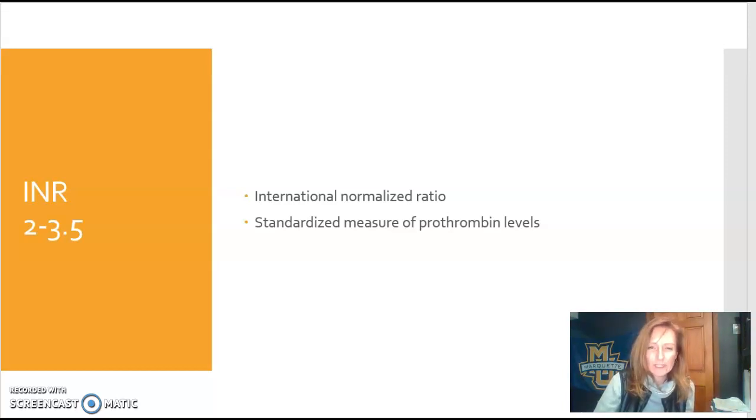And what are you going to do if it's too high? Well, if it's too high, you know that the dose of warfarin is too much. So we're going to either hold that dose, notify the provider, watch for signs of bleeding, really important. If that INR is too low, then we know that the dose for the warfarin is too low and we need to increase that.